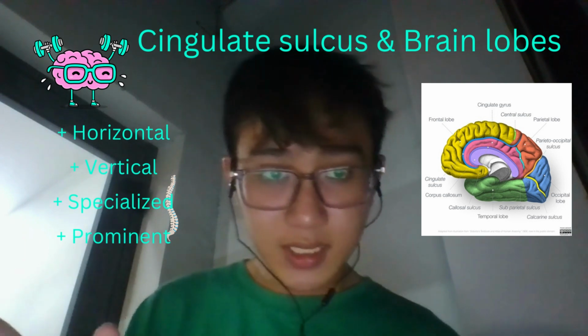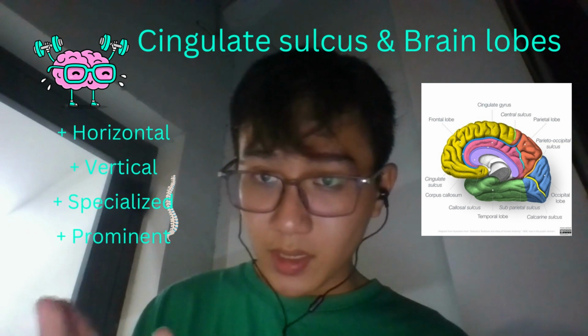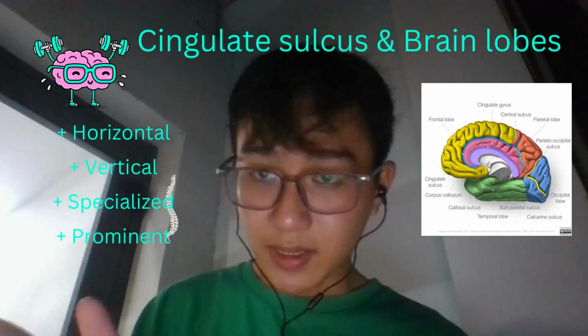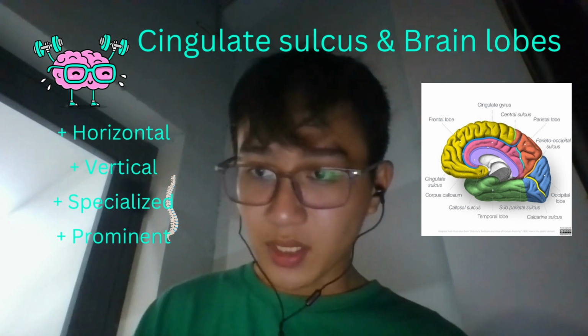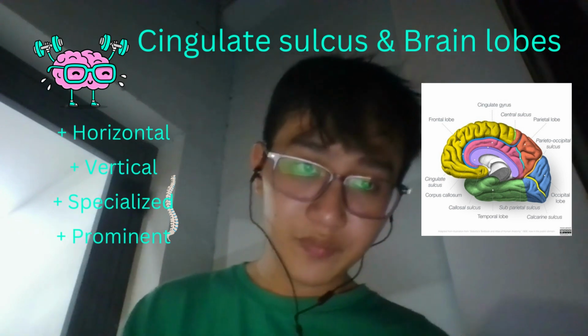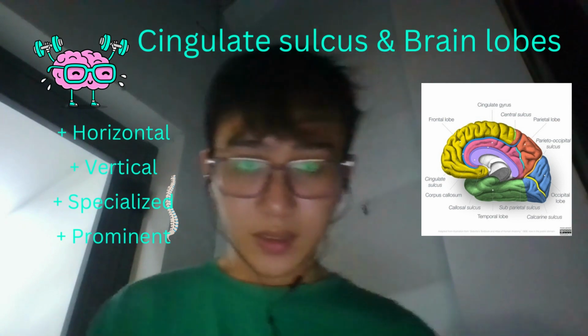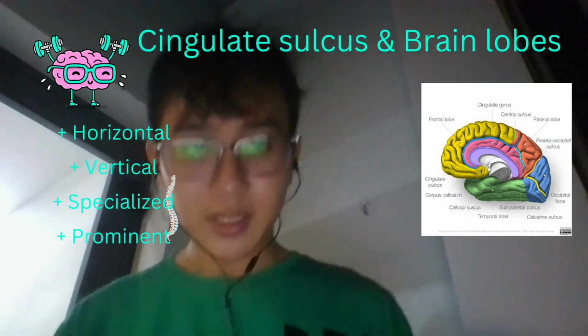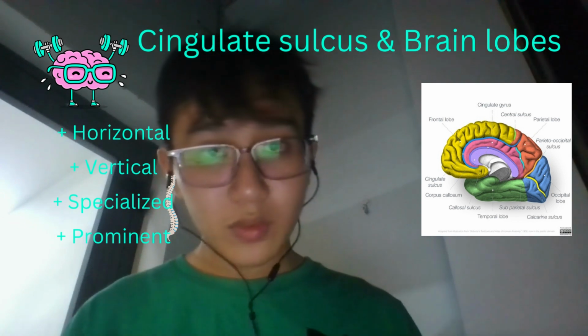And this is the frontal lobe, right? It separates the cingulate cortex and the limbic lobe from the frontal lobe and parietal lobe.